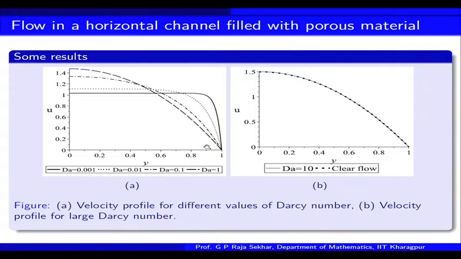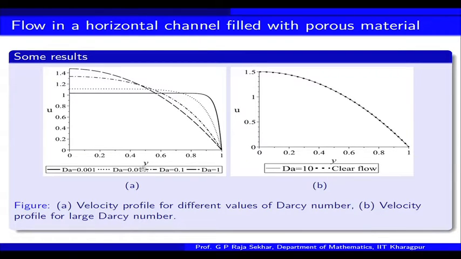But you can analyze a little bit more. Suppose you consider a particular Darcy number. The flow velocity is more towards the center and less towards the boundary.